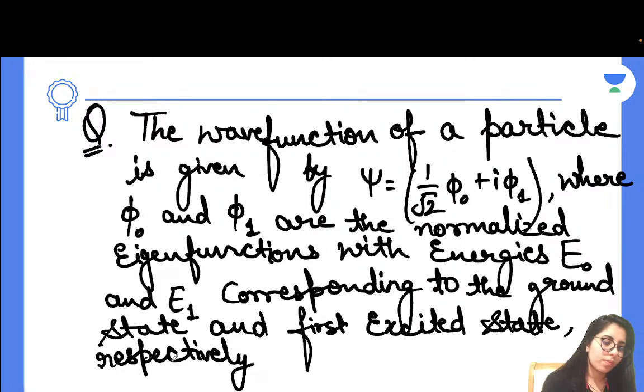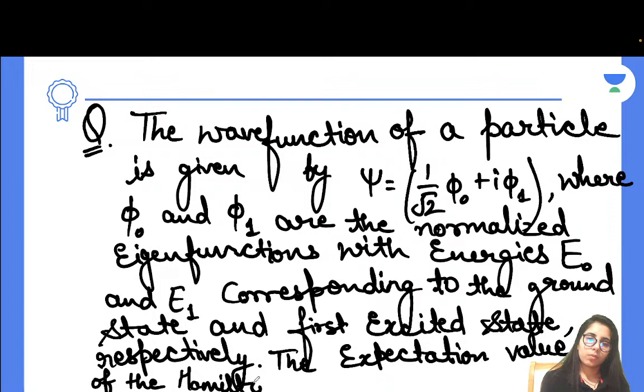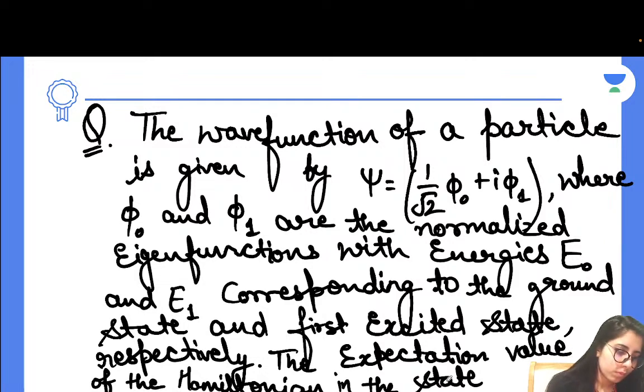The expectation value of the Hamiltonian in the state is.